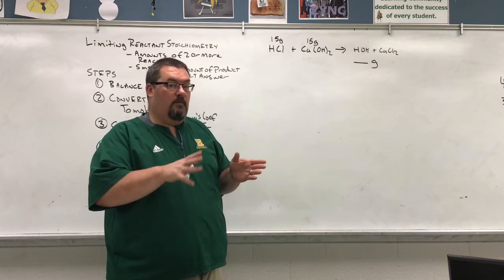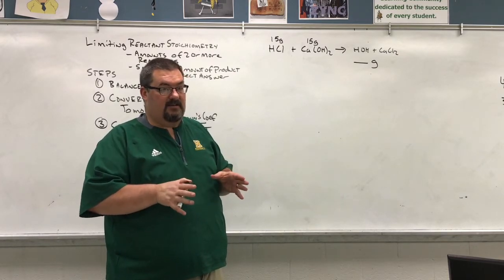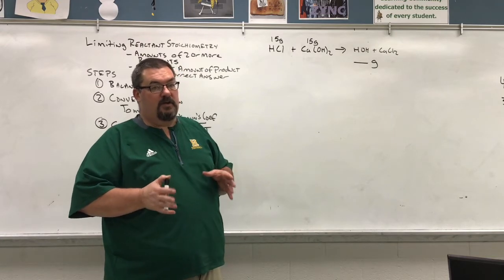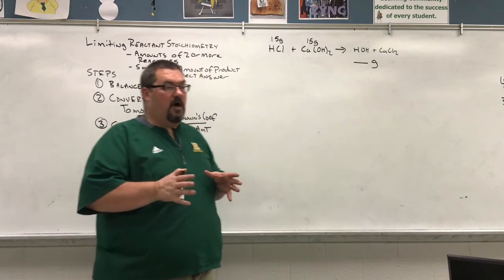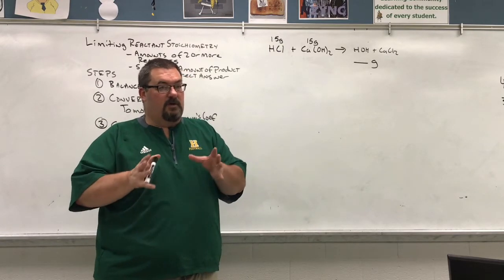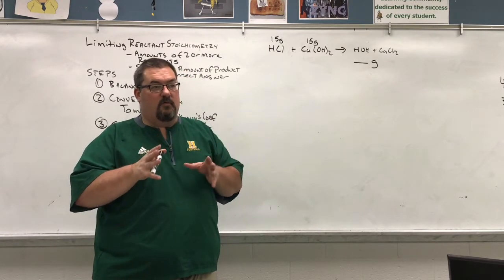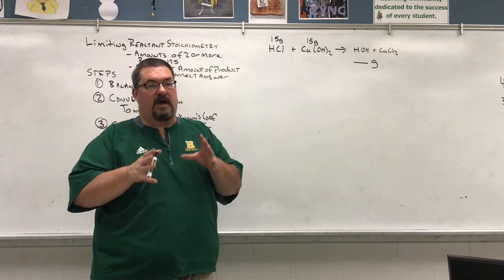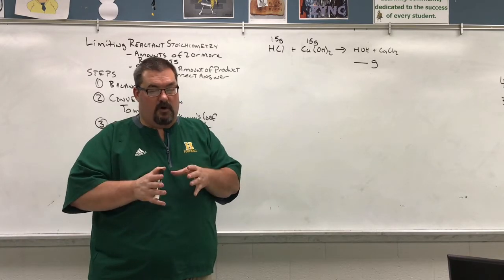The other will be found to be in excess. And so what we need to do is figure out how to do these problems. I'll tell you now that the correct answer is the one that will give us the smallest amount of product formed.